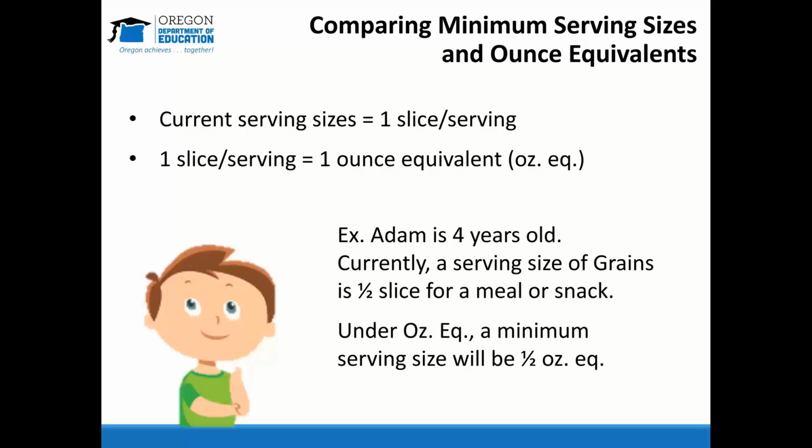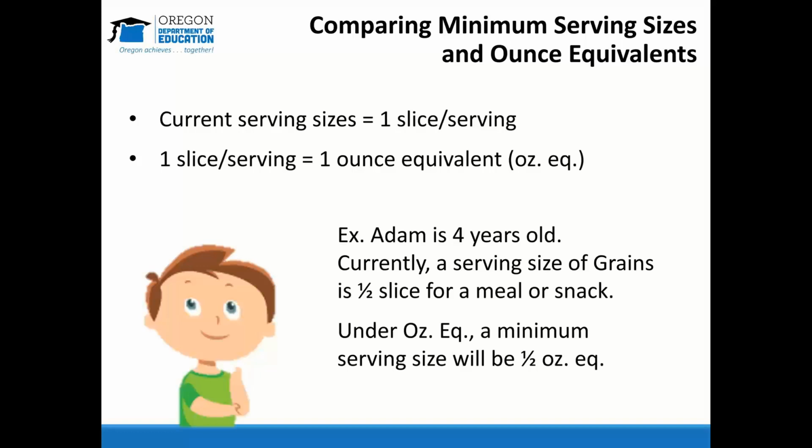With ounce equivalents, we will be simply shifting the language from slice or serving to ounce equivalent. 1 slice or serving is equal to 1 ounce equivalent. Let's say you had a child named Adam who is 4 years old, and under the current minimum serving sizes, Adam's minimum serving size will be half a slice for any meal or snack.